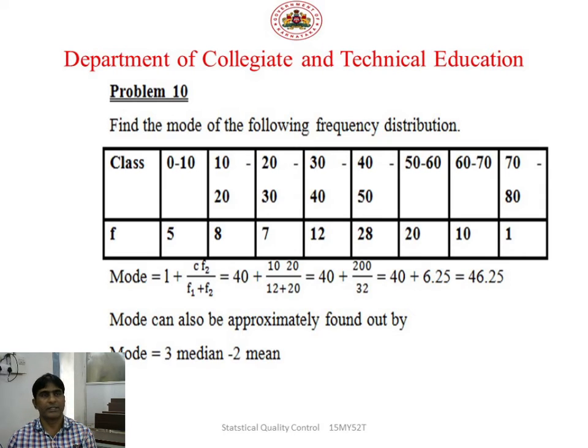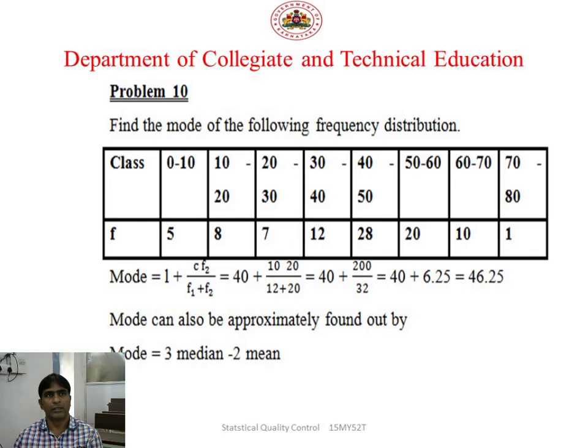Likewise, he has given the frequencies 5, 8, 7, 12, 28, 20, 10, and 1. Okay, so we should do the calculations.